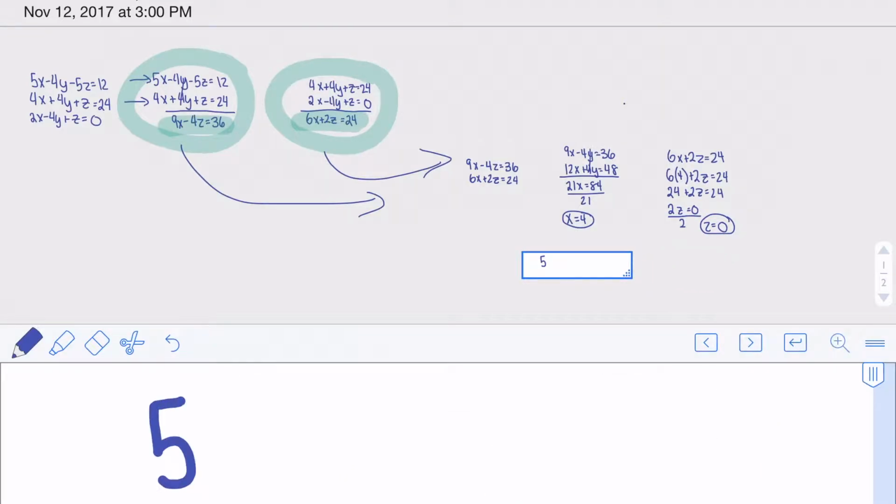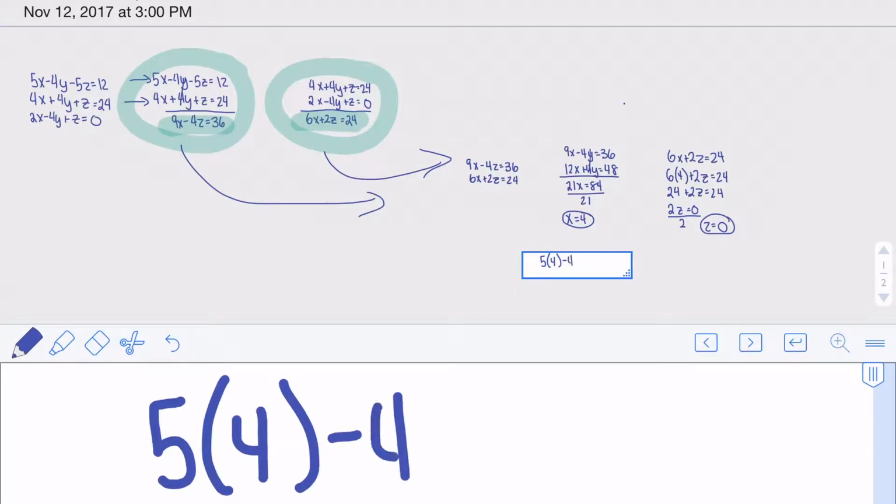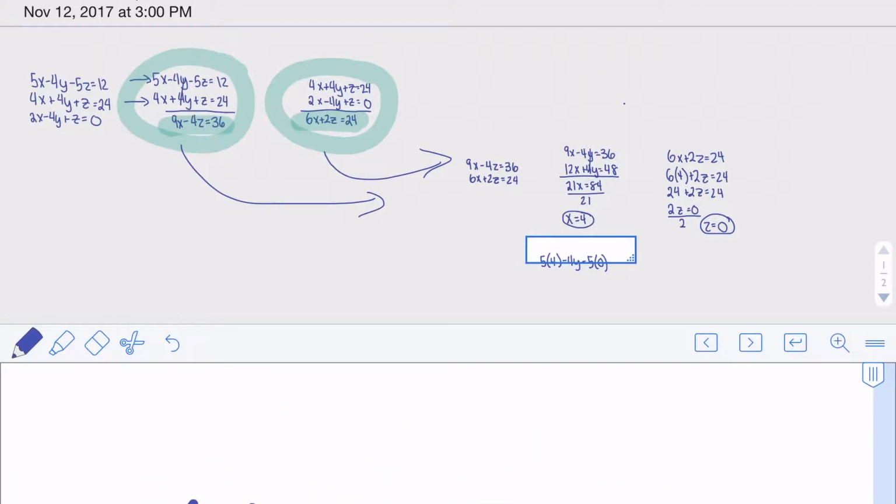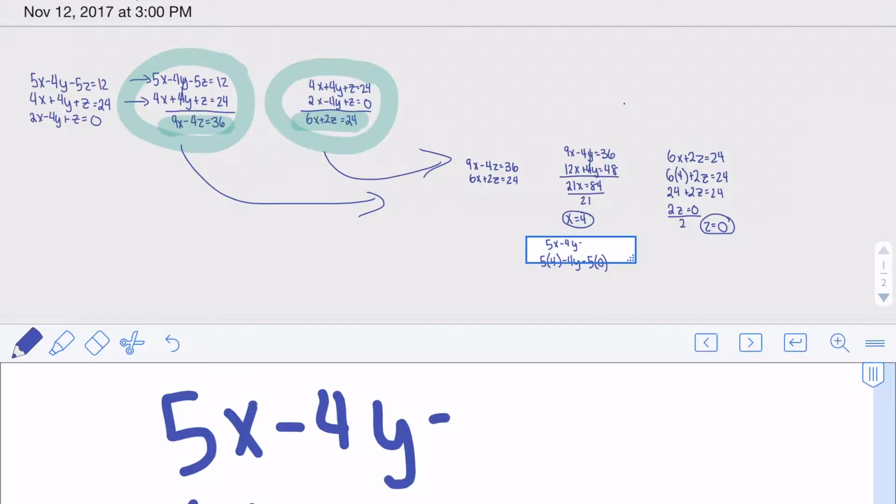Now I take one of the original equations, and I chose the equation 5x minus 4y minus 5z equals 12, and I plug in x and z into that equation so I can get the answer to the variable y.